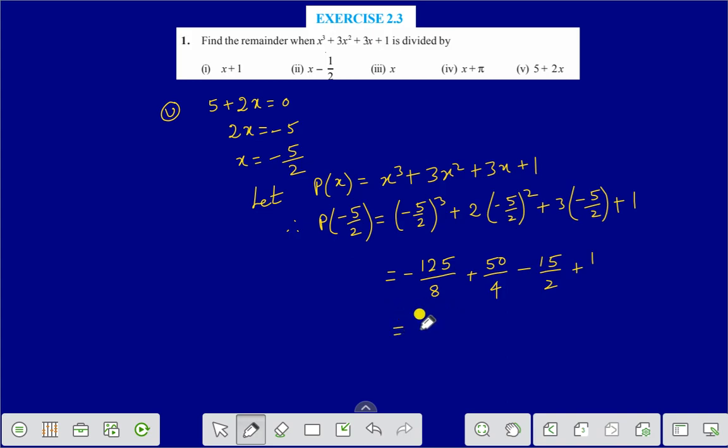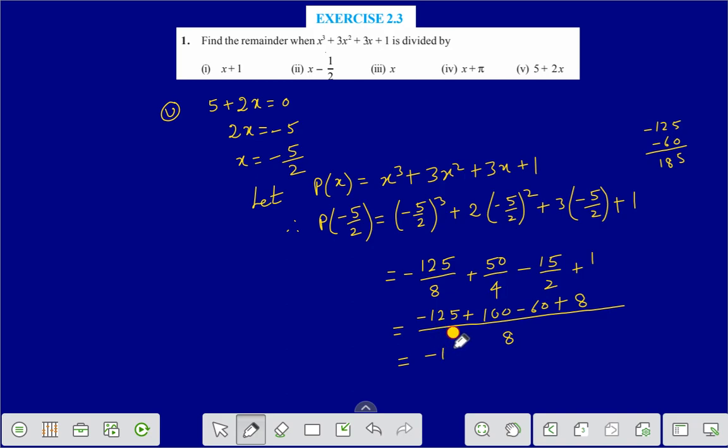If you take LCM as 8, then we are getting minus 125 plus 100 minus 60 plus 8.